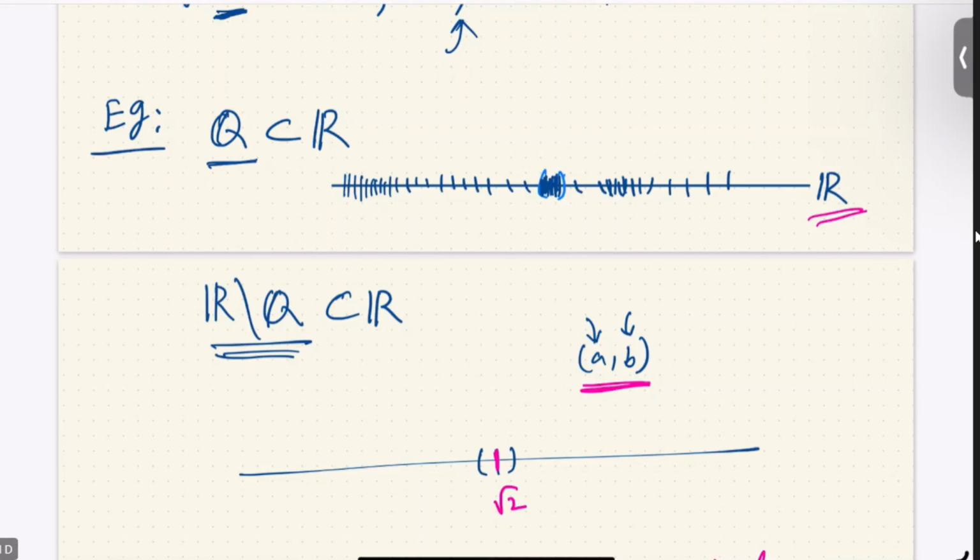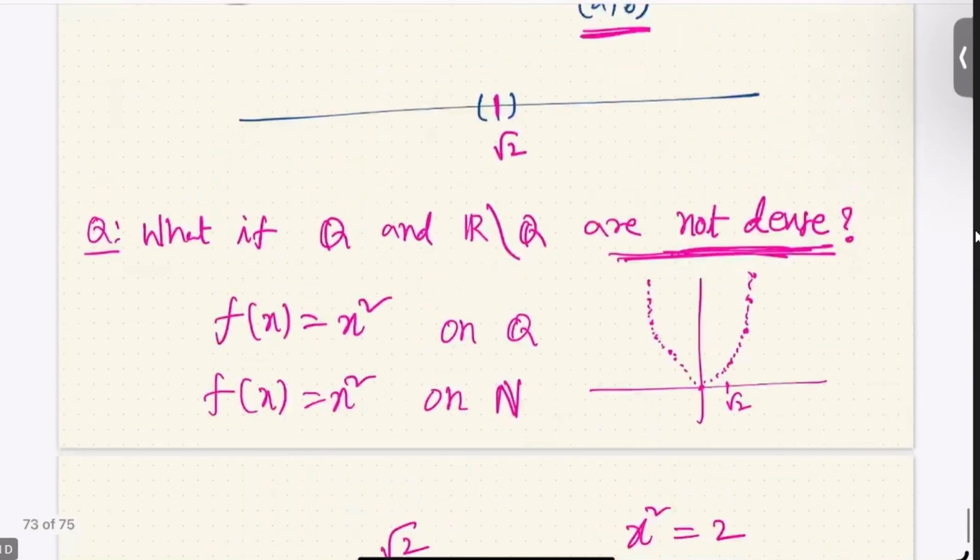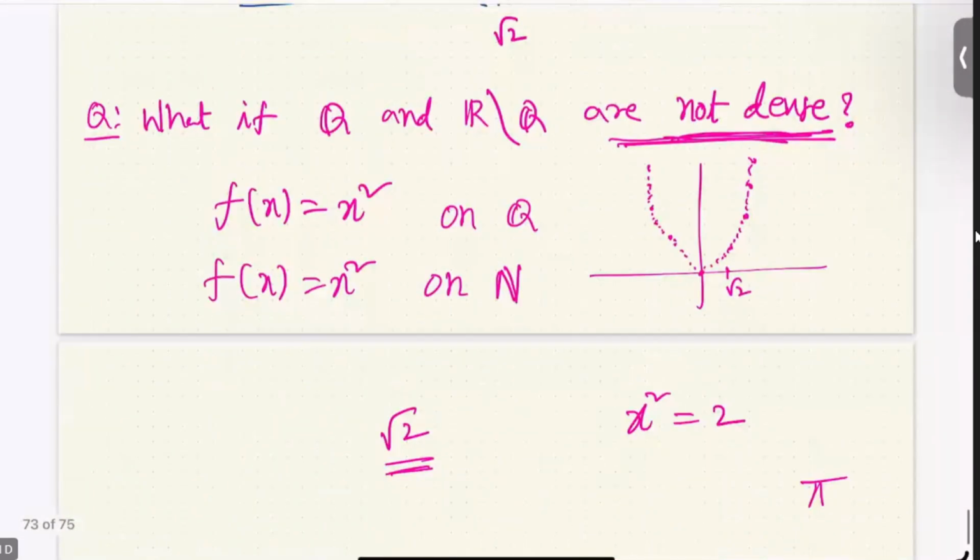Why am I saying this story? This is very much close to our neural networks now. I am slowly moving to neural networks from this denseness concept.